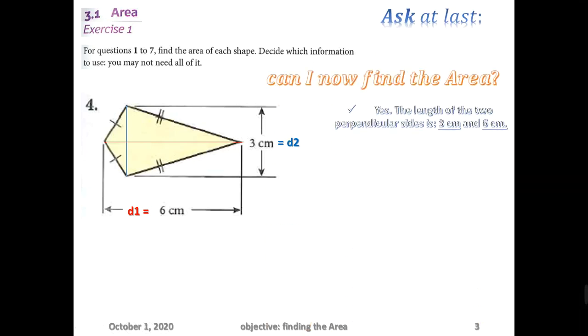Now, you ask yourself at last, can I now find the area of this kite? Yes, you can, because you got the length of each diagonal in this shape, which means you just have to write the rule of finding the area of a kite and substitute in it. What is the rule?